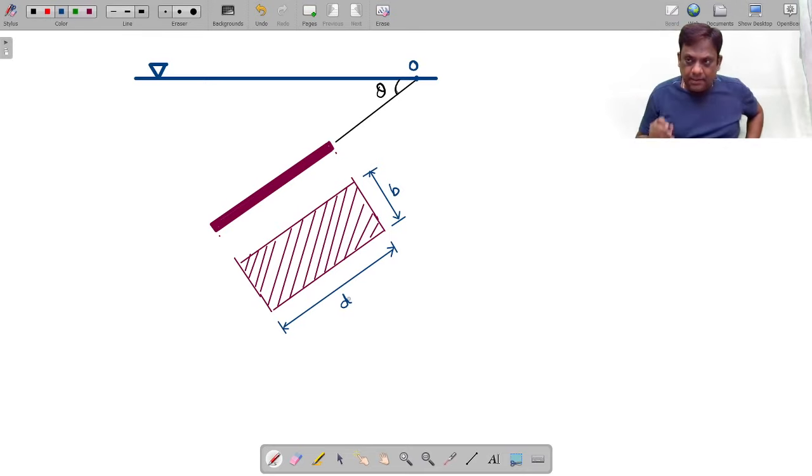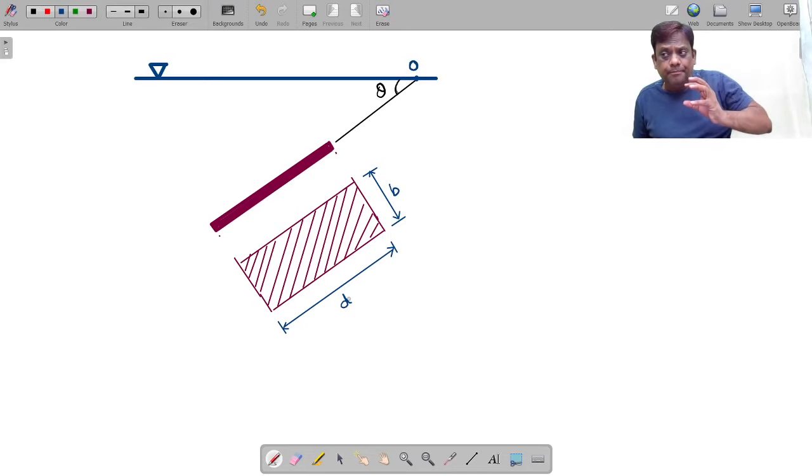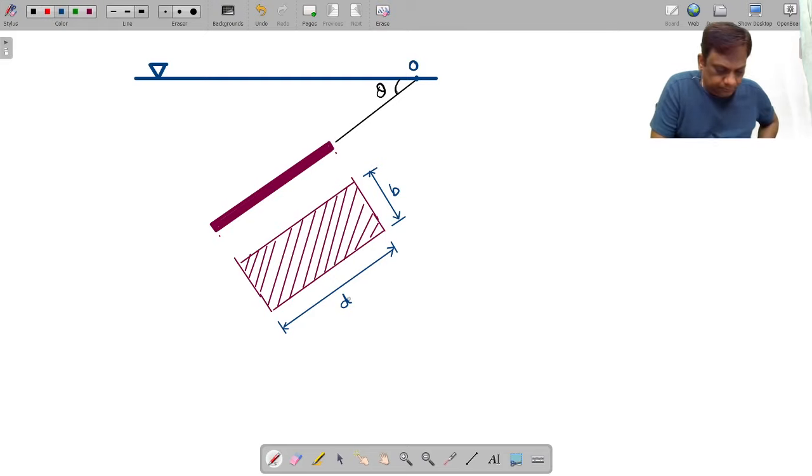Now what we do is try to draw one diagram known as the pressure diagram. Let's try to draw that.